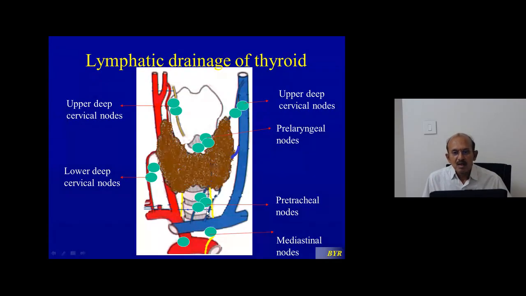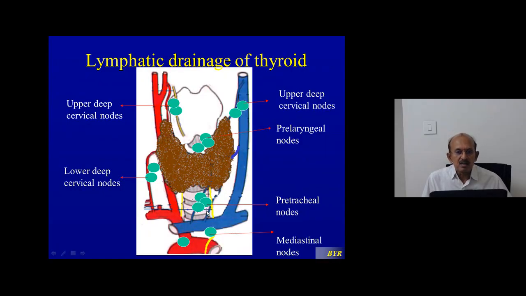So earlier surgeons and anatomists considered that the pretracheal and prelaryngeal lymph nodes have no significance. But now we know that most of the malignant thyroids which metastasize to the lymph nodes metastasize mostly to the pretracheal and prelaryngeal lymph nodes.